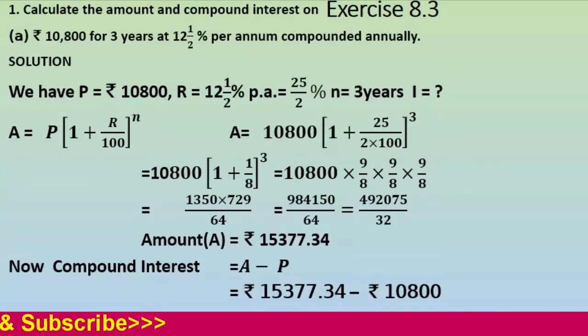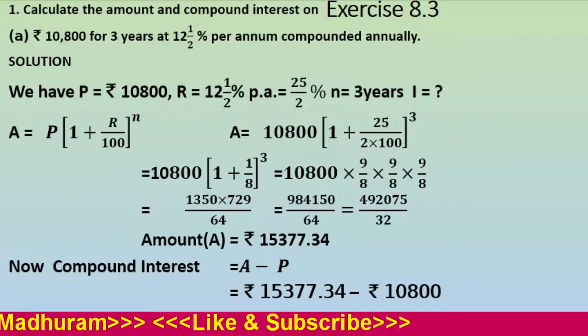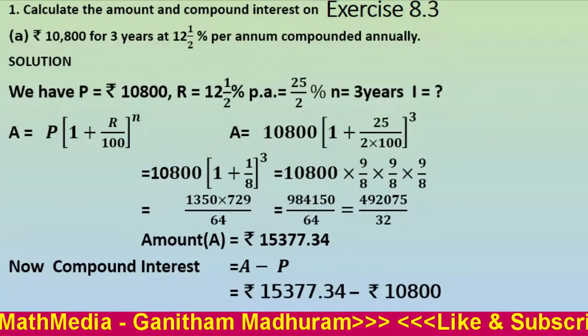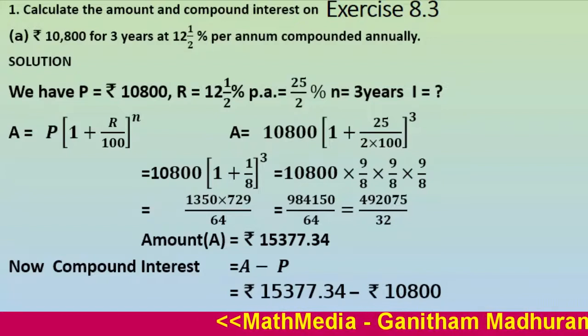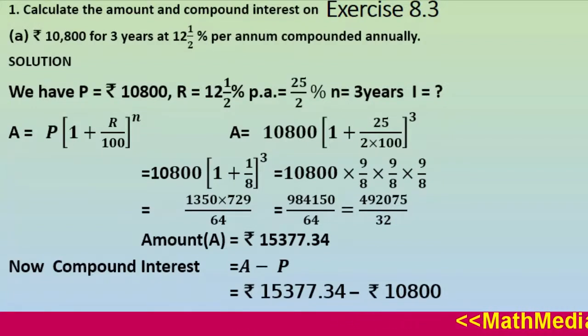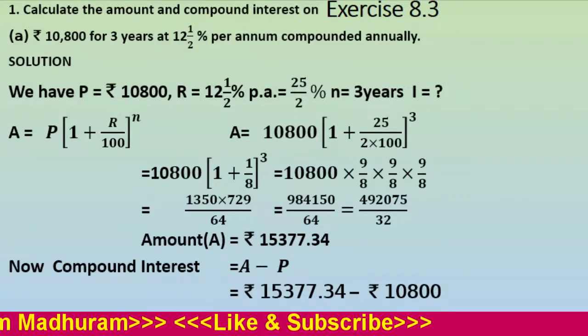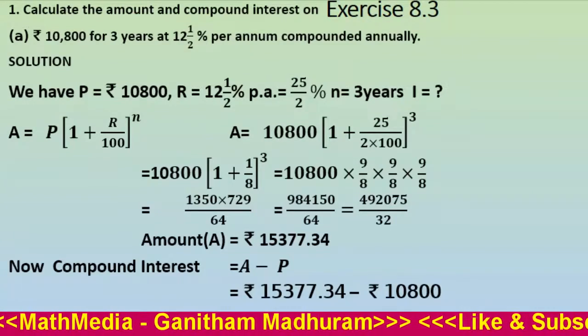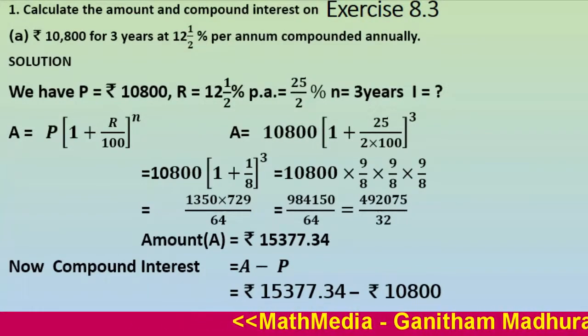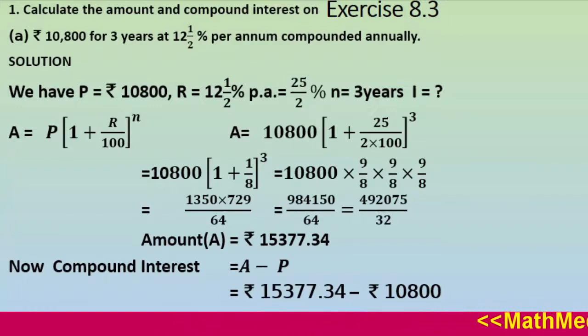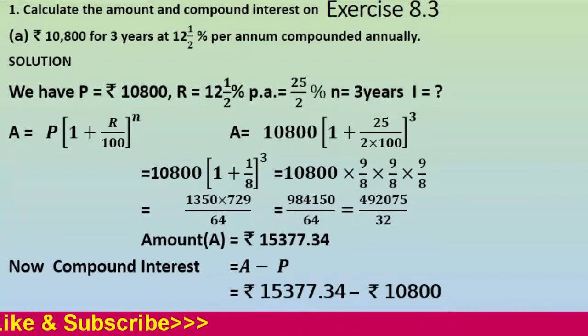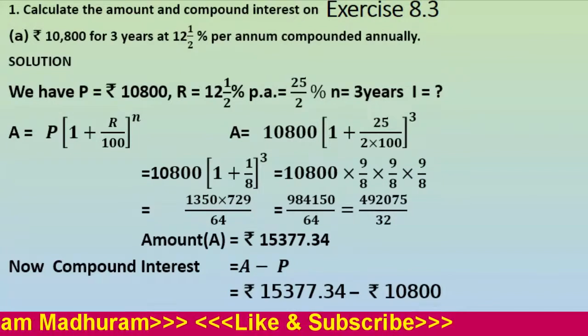So we get the answer as 4,577.34. So we got the amount as 15,377.34 and the compound interest as rupees 4,577.34.